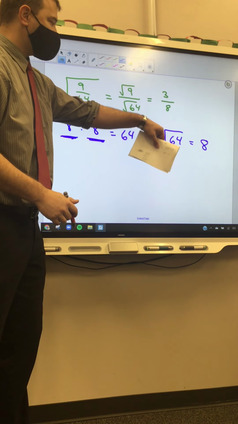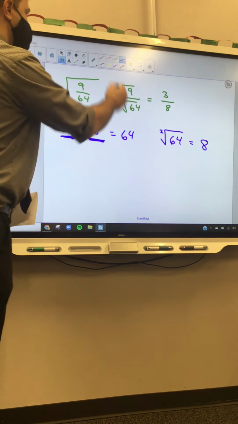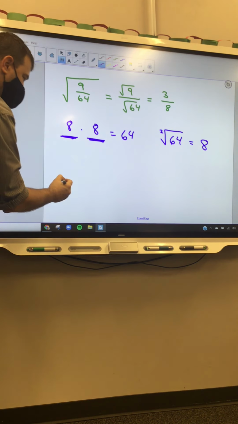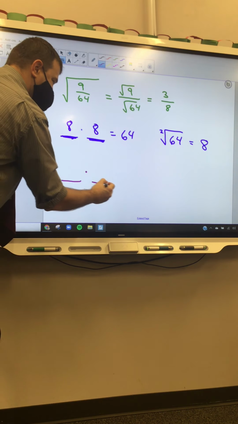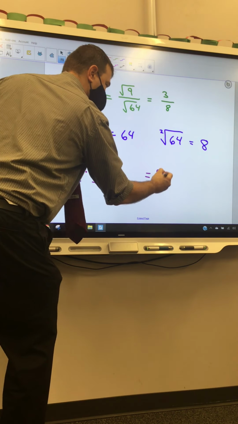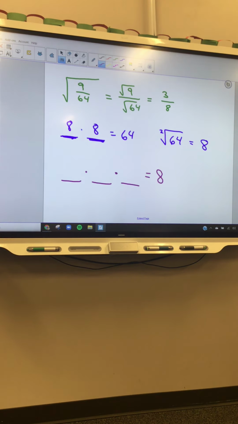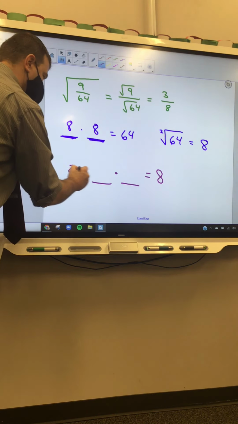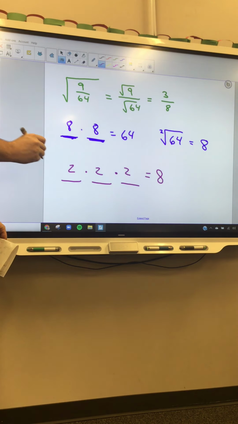But this could actually change. Okay, so here's what I'm talking about. Can you think of a number, something, times itself again, that would get up to 8? Yeah. 2. 2 times 2 times 2 gets me up to 8.